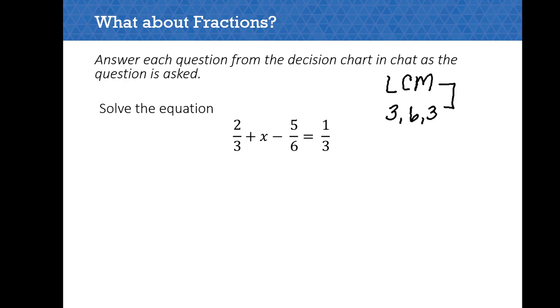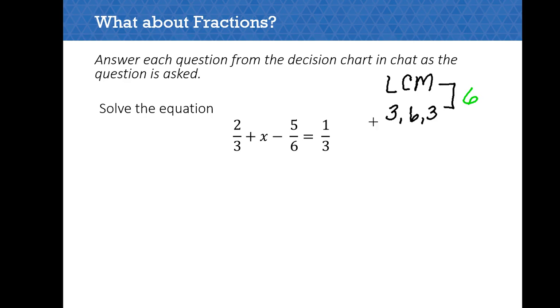As you think about that, some of you may go high, looking at something like 30 or 18. Those are too high. A lot of times your least common multiple is actually one of the numbers that's there, and in this case it is, because my least common multiple is 6. I can multiply 3 by 2 and get 6, and I can multiply 6 by 1 and also get 6. So this 6 becomes my least common multiple.